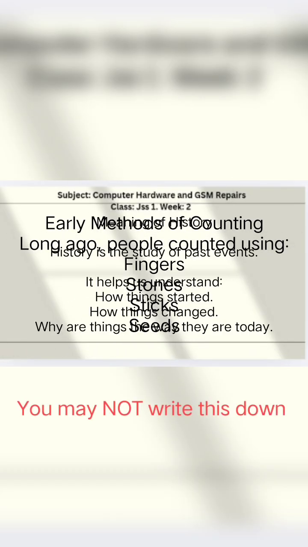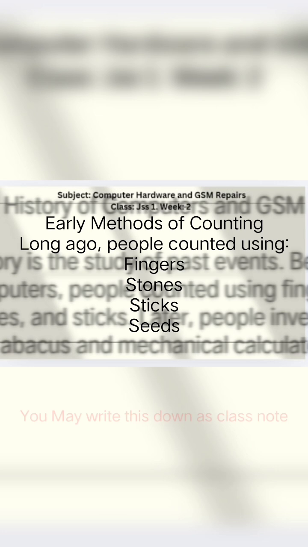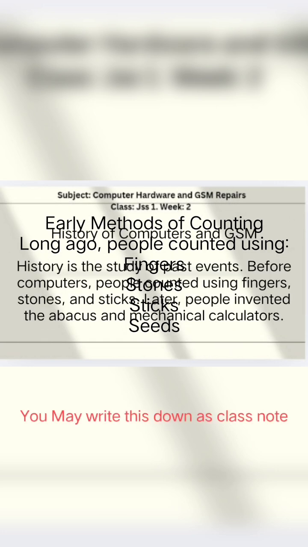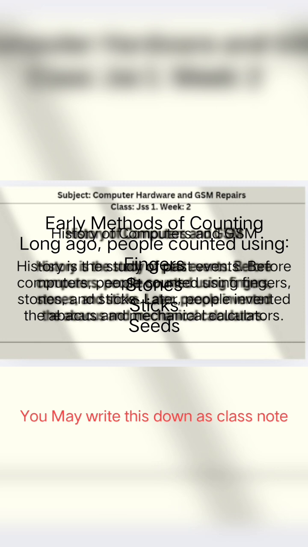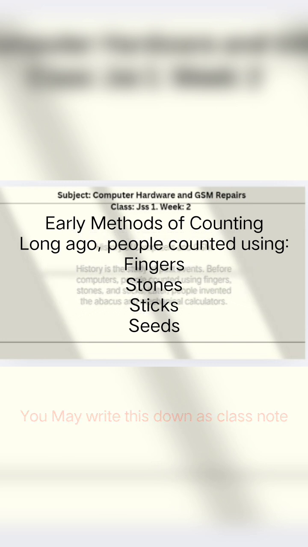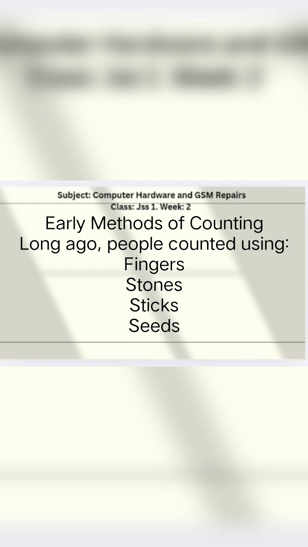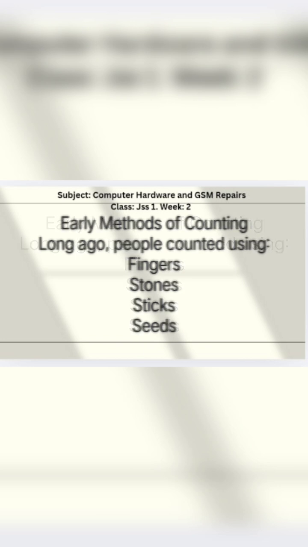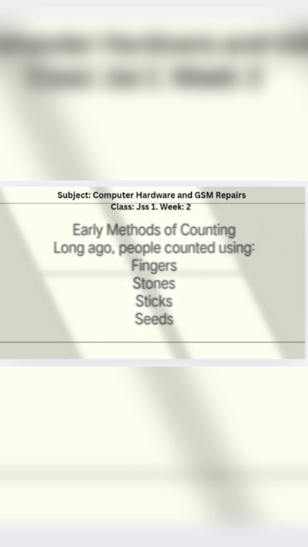Now, history as we know it helps us understand past events, how things started, how things change from time to time, and why things are the way they are today. Long into the past, people counted with fingers, stones, bones, and all the things they could find.